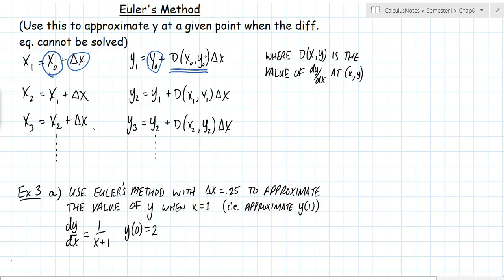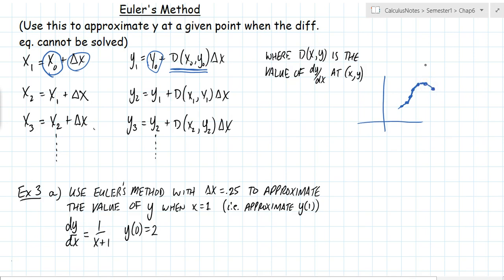and that gives us a new y value. And so the reason why Euler's method works is we have, let's say, a starting point, so we know the slope there, so we can draw part of the curve, and then we recalculate, we get a new point here, and now we recalculate the slope again, and we get a new point, and then let's say the slope starts to flatten off a little bit, and a new point, and a new point.